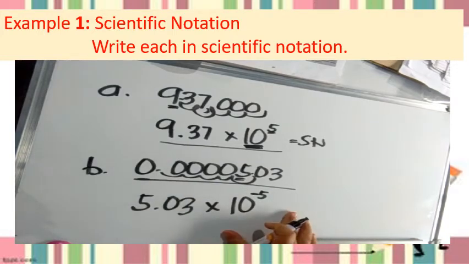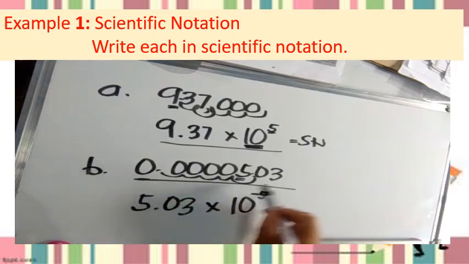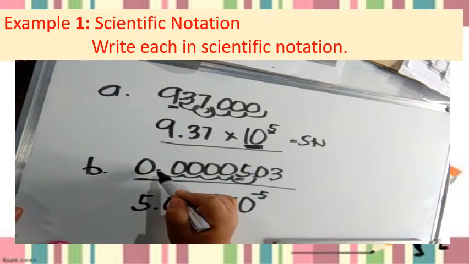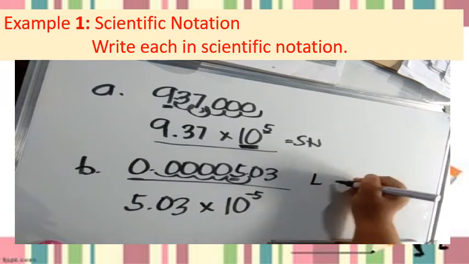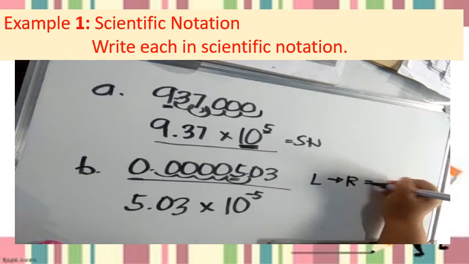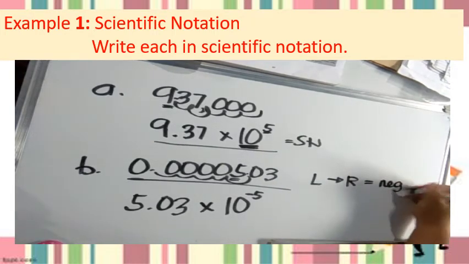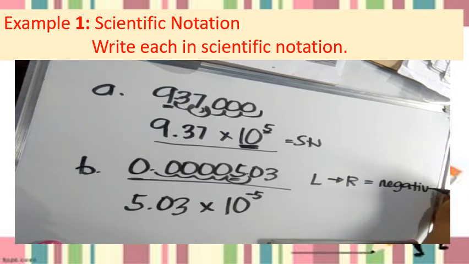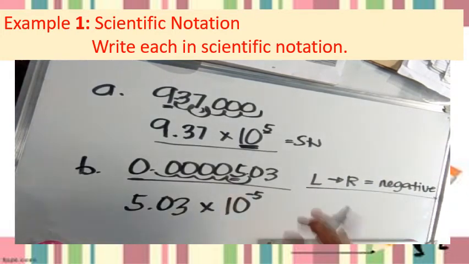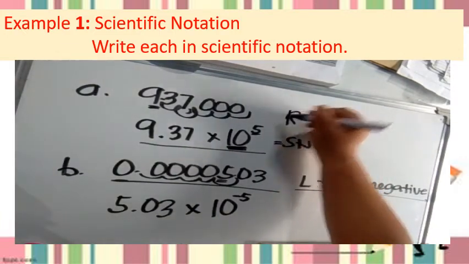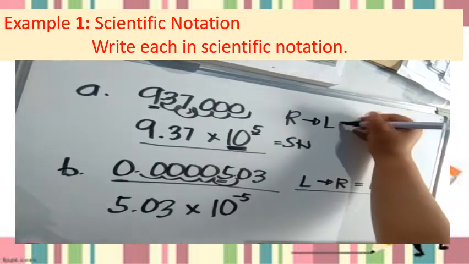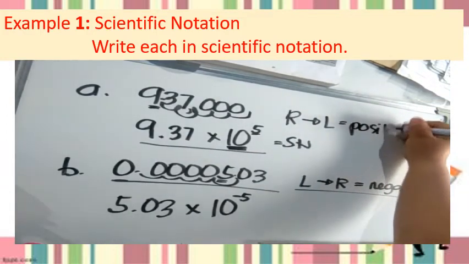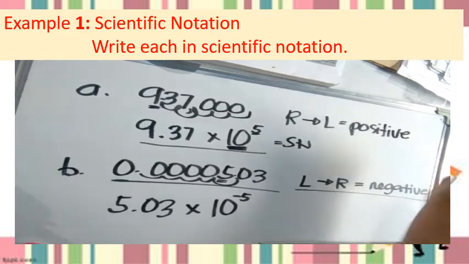Teacher, why negative 5? Remember that we are moving from left to right. If you move the decimal place from left to right, take note, from left to right, it is negative. That exponent is negative. Remember this. But if from the right, going to the left, it is a positive exponent.